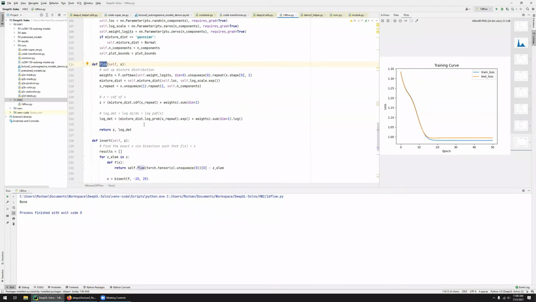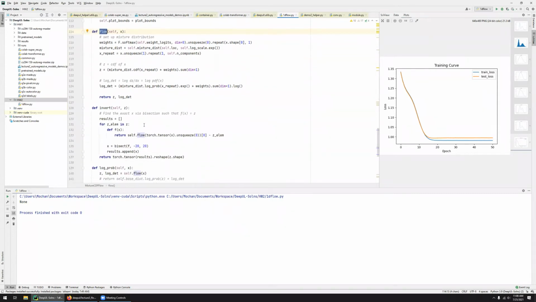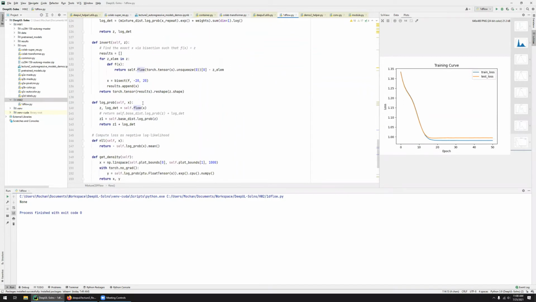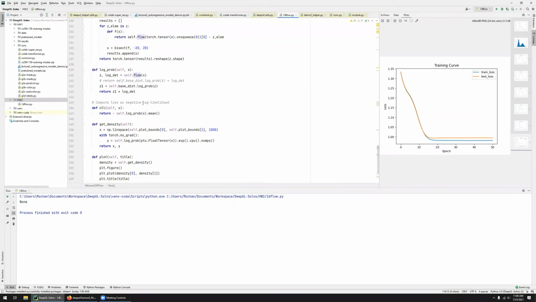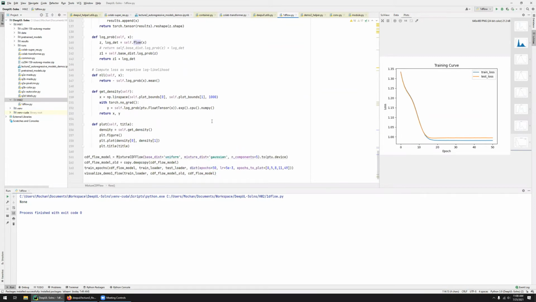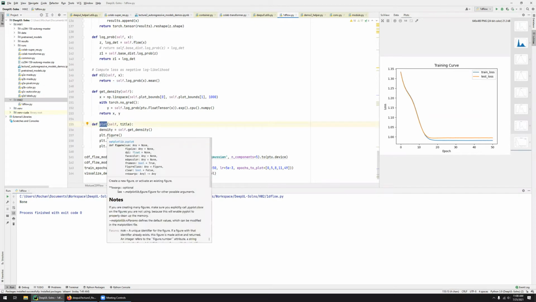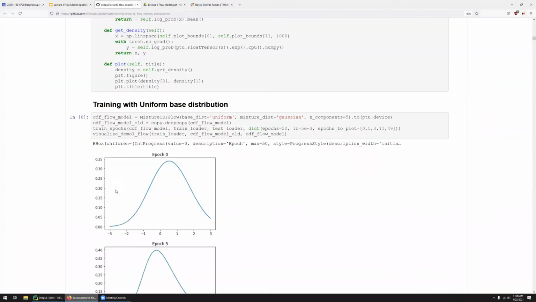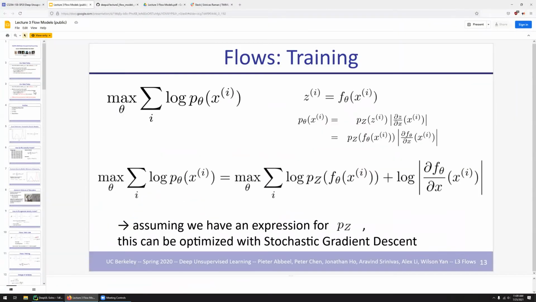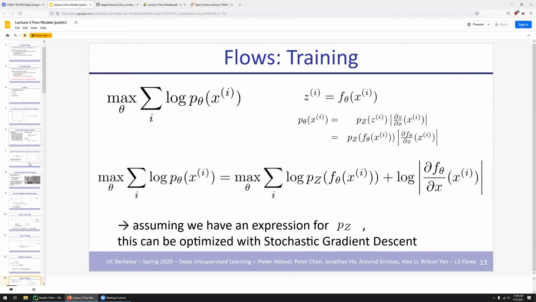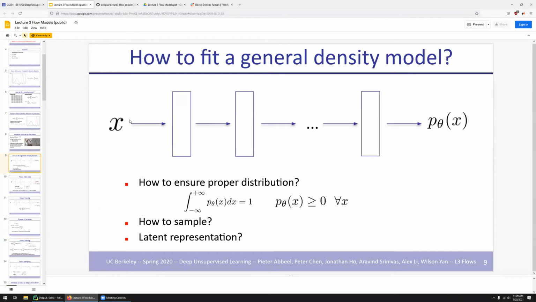Okay, so I think the best way to look at this is to look at this plot. The plot will say, here's X, and then what is P theta of X?